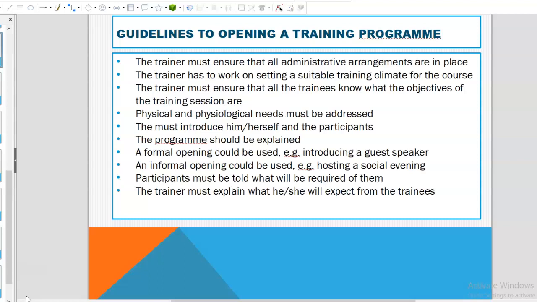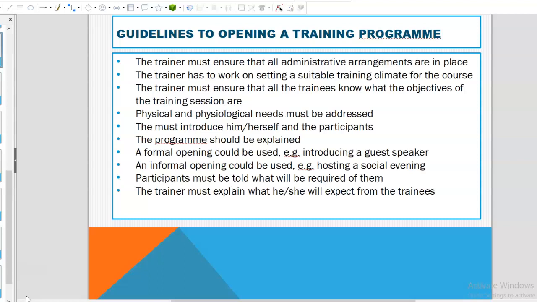The second one is the trainer has to work on setting a suitable training climate for the course. For instance, in the first part of the training program, you can begin with, let's say, icebreakers, so that the climate can be one of mutual respect between trainees and the trainers.